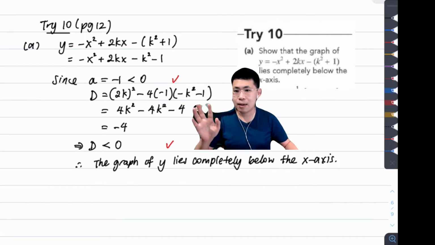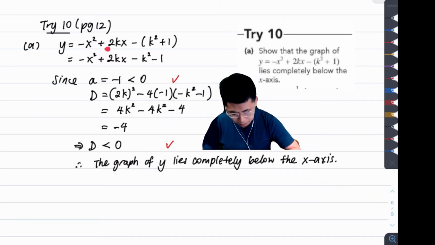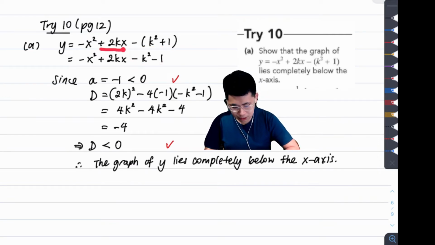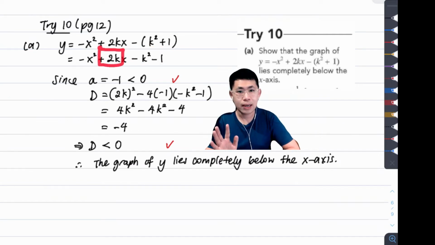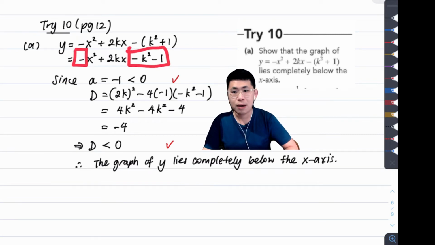For the second step, we make use of the discriminant b squared minus 4ac. A is negative 1, B is positive 2k, C is your constant without the x's, so this chunk will be your C. So b squared, which is your (2k) whole thing squared, minus 4ac, which is negative k squared minus 1.